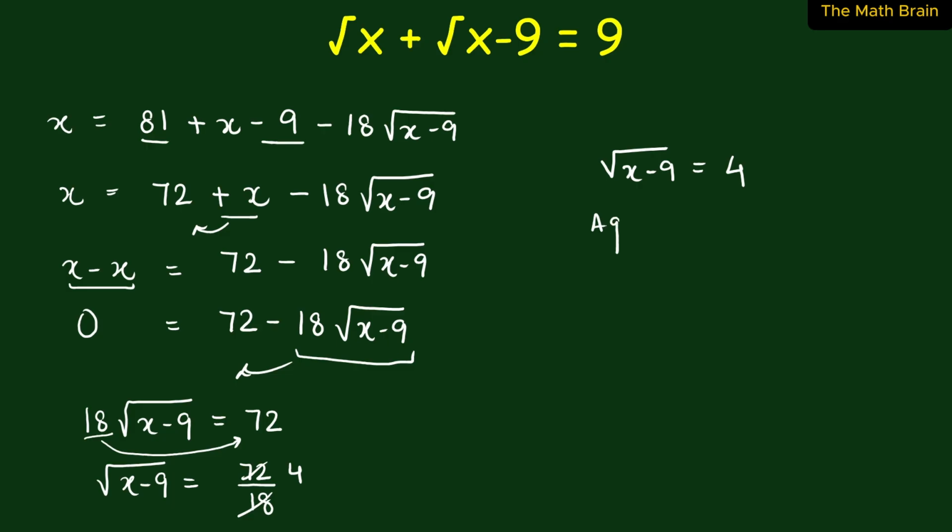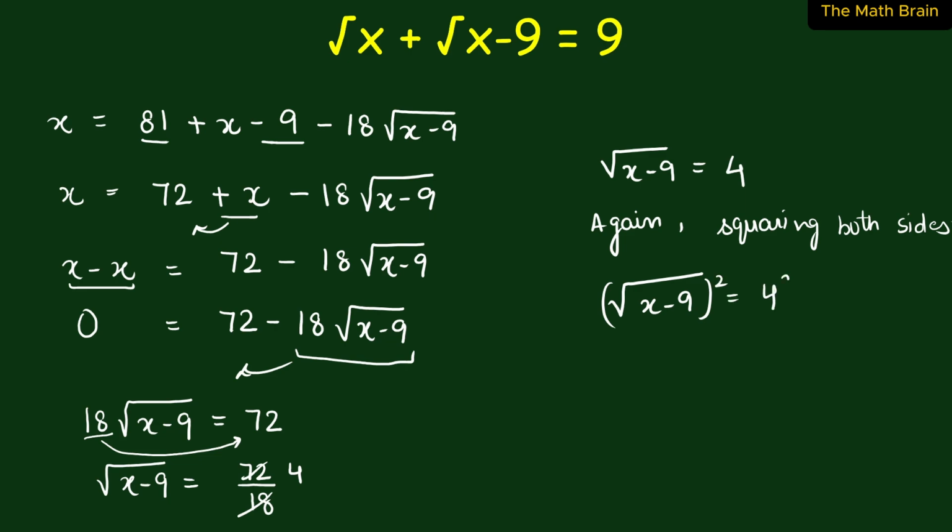Again, by squaring both sides, we will get (√(x − 9))² is equal to 4². This square and square root will cancel out.